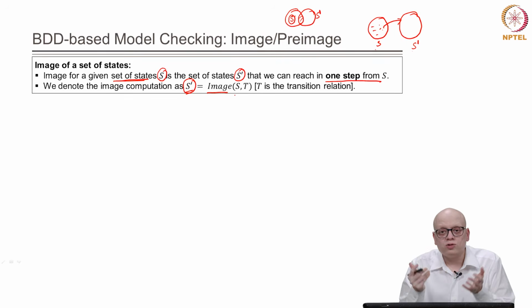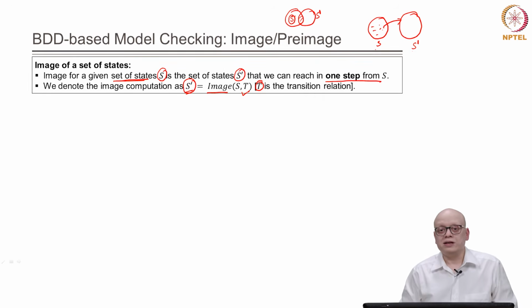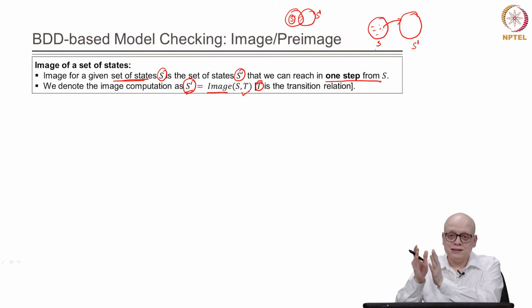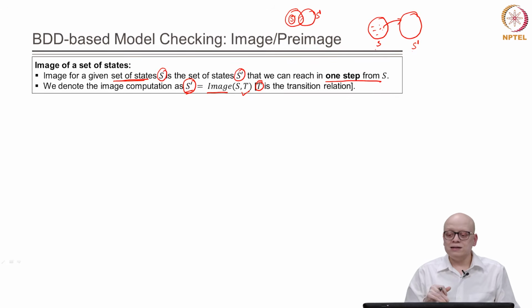It will depend on the transition relation, so T comes as an input to the image computation. Given a transition relation T and the set of states S, S dash is what is returned by the image computation.